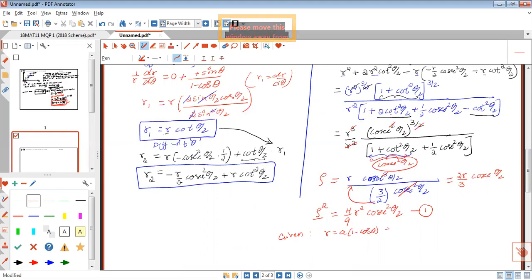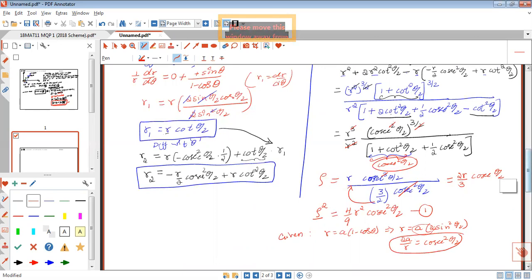This can be written as r is equal to a times 1 minus cos theta is 2 sine square theta by 2, or 2a divided by r is 1 by sine square theta by 2, that is cosecant square theta by 2. So the value of cosecant square theta by 2 will be 2a by r.